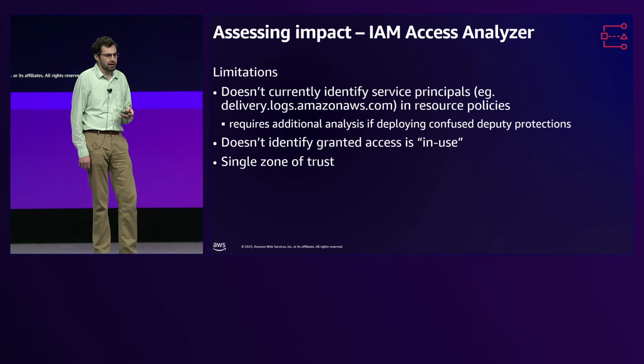It's also important to note that Access Analyzer is a static analysis. So while it identifies all of that existing external access, it doesn't actually tell you if it's still in use or if it's required. And it supports today only a single zone of trust. And what that means is that it only supports looking at a single AWS account or single organization at a given time.